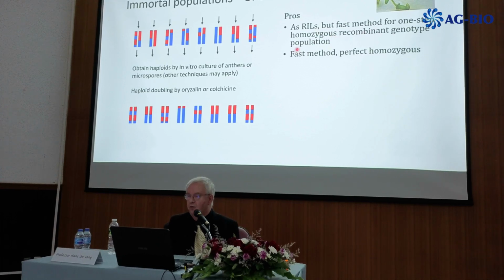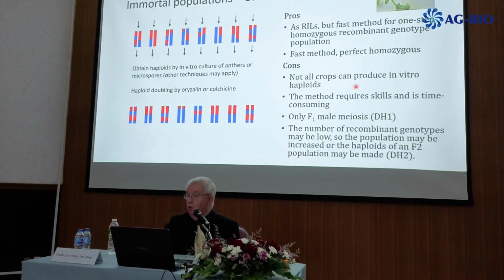So like the recombinant inbred lines, they work perfectly as well. It is a fast method for a one-step homozygous recombinant genotype population. Fast, perfect, but not all crops can produce in vitro haploids. And if you are really a master in producing haploids for different crops, I can tell you breeding companies are very interested to hire your service, because this is in general an expertise, a skill that only few people have.